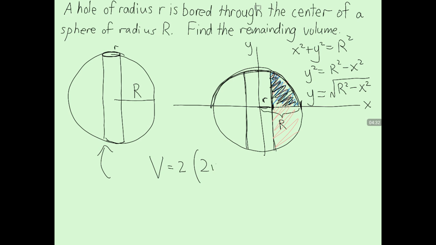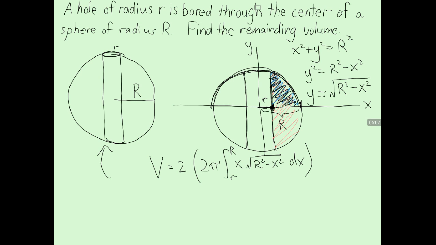So we have 2 pi times the definite integral, starting from little r going to big R, and then we have our variable x. This is just the circumference of these cylindrical shells going from little r to big R. Then we multiply that by the function, which is the square root of R squared minus x squared, and we're going to take this with respect to x.